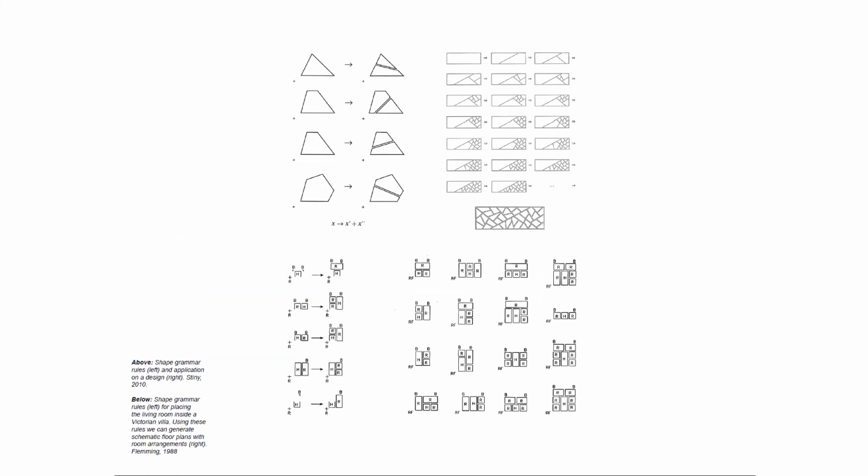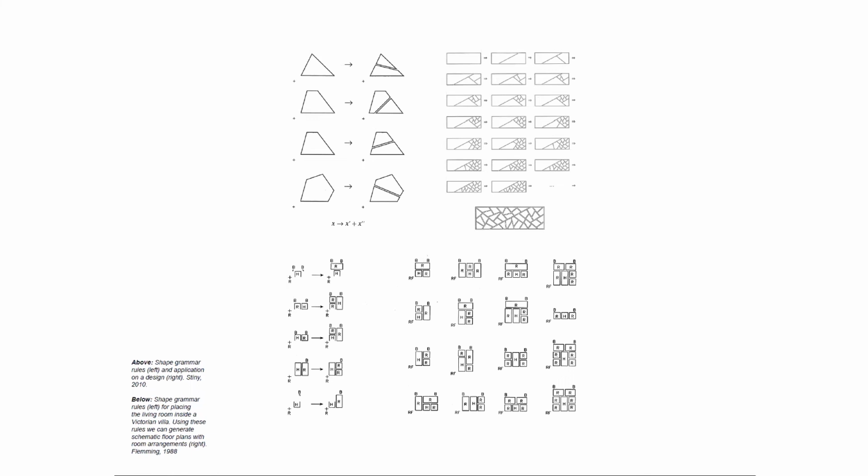Okay, and Stiny is a professor at MIT who was the guy who first defined shape grammars. He was looking at formal grammars originally defined by Noam Chomsky, in the 60s or 70s, when formal linguistics was just starting off.